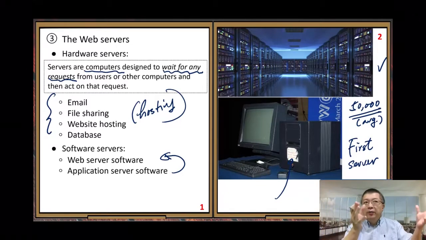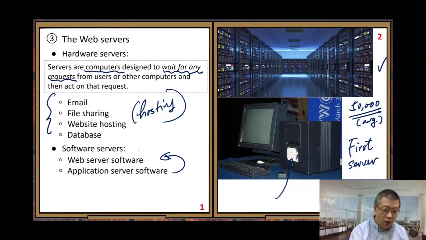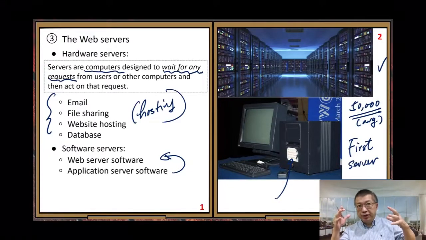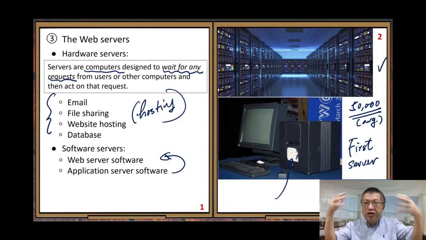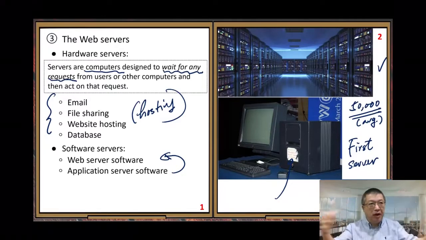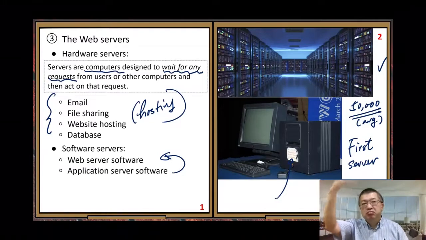Because for relatively simple functionalities, you use a web server. Relatively simple functionality. But sometimes you need very sophisticated, very complex functionalities. Then you cannot use the usual web server. You have to use high-end, more advanced servers. So we call it application server software.